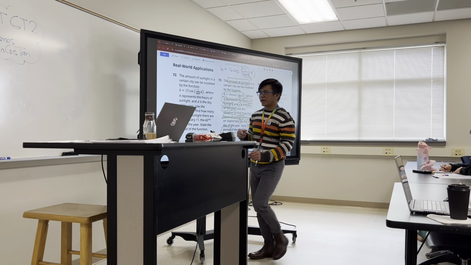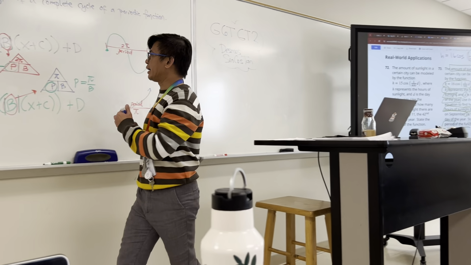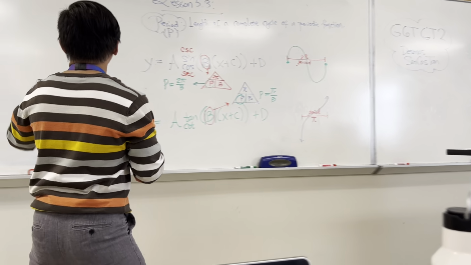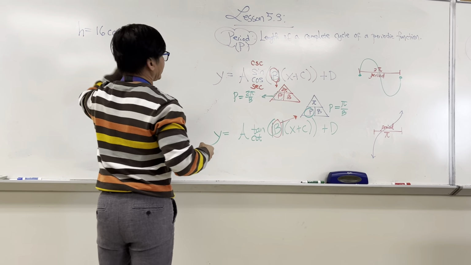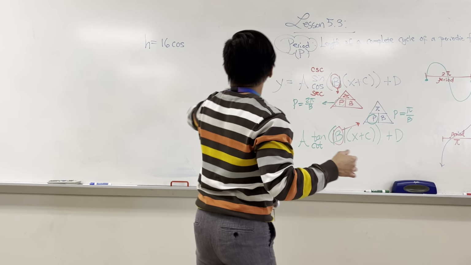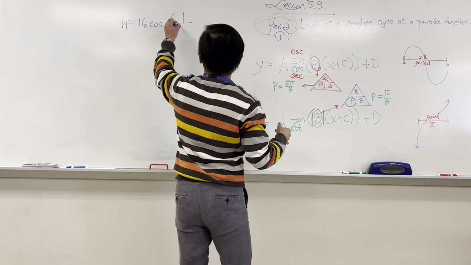So with that being said, let us now analyze that here. What's that again? h is equal to 16 cosine of 1 over 500d.